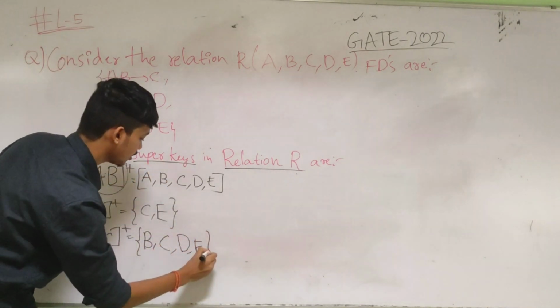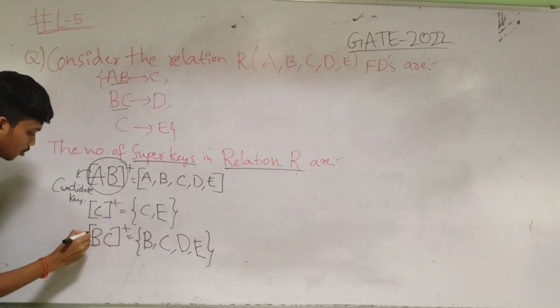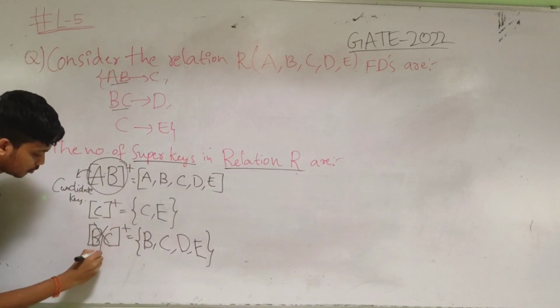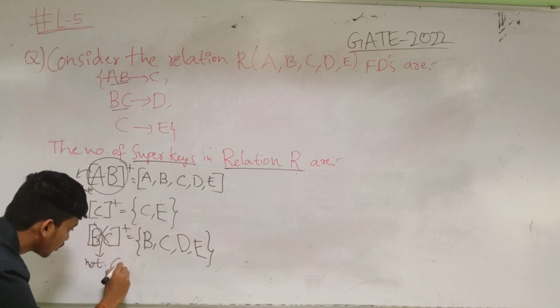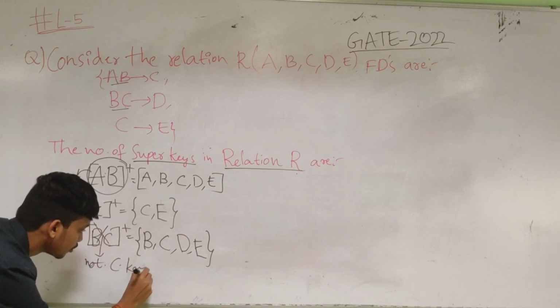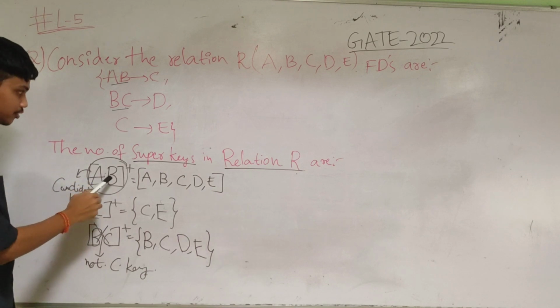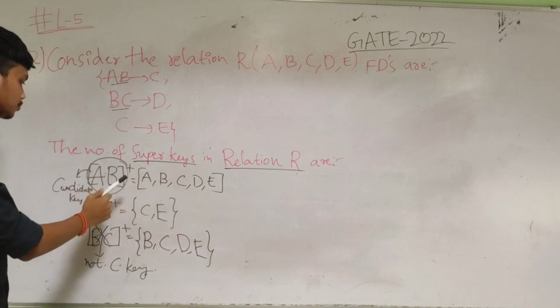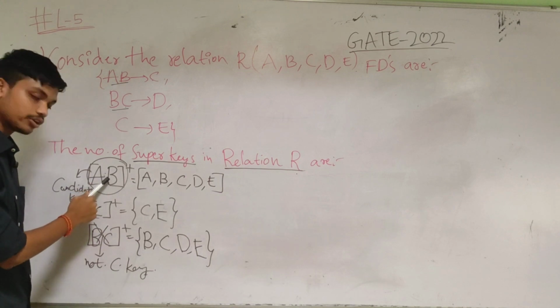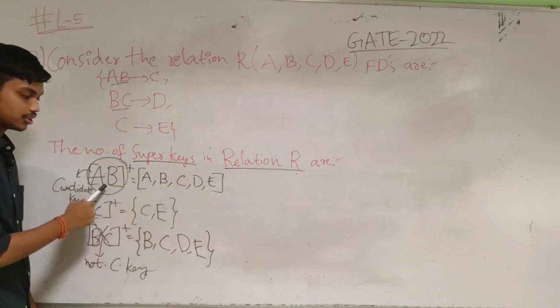So this is not a candidate key. There is only one candidate key for the relation. If you want, you can try many possibilities, but at the end you will get this only. This is the only candidate key of the relation.